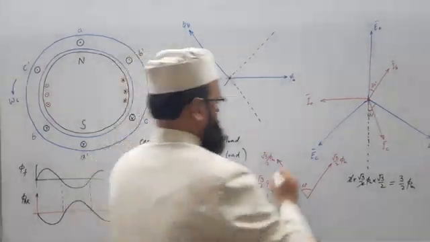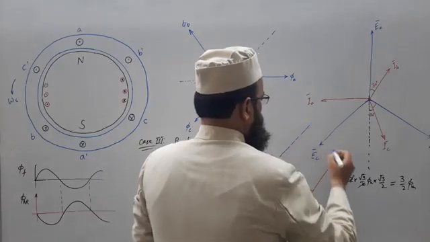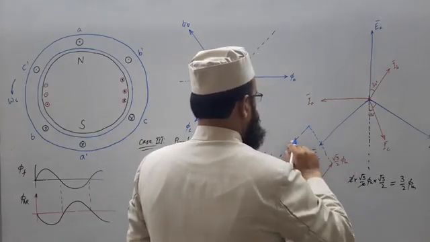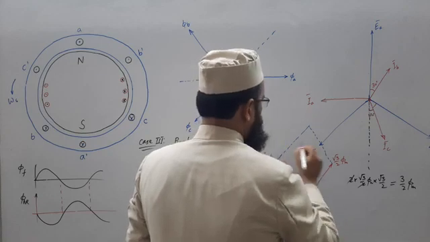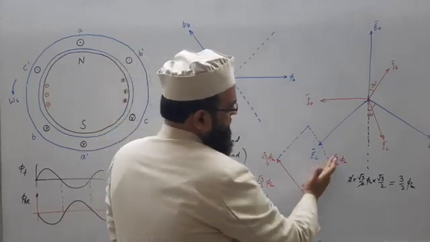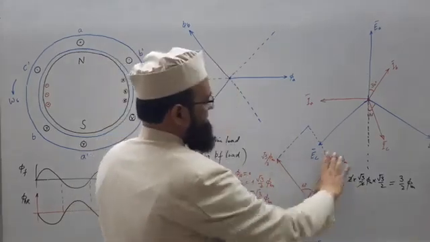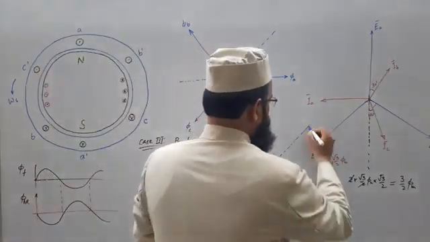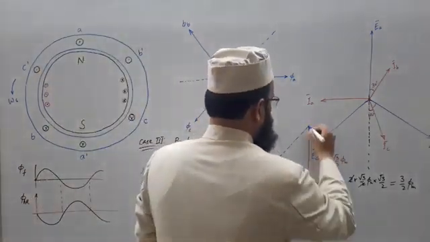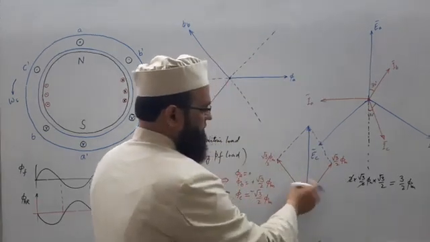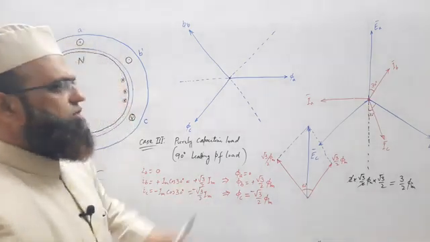What about the resultant? Either the resultant of these two phases using the vector addition rule, or projection. If you take projection, the horizontal projection will get cancelled out as these two magnitudes are the same. The resultant will make an angle of 30 degree, half of this. So either way you can evaluate.